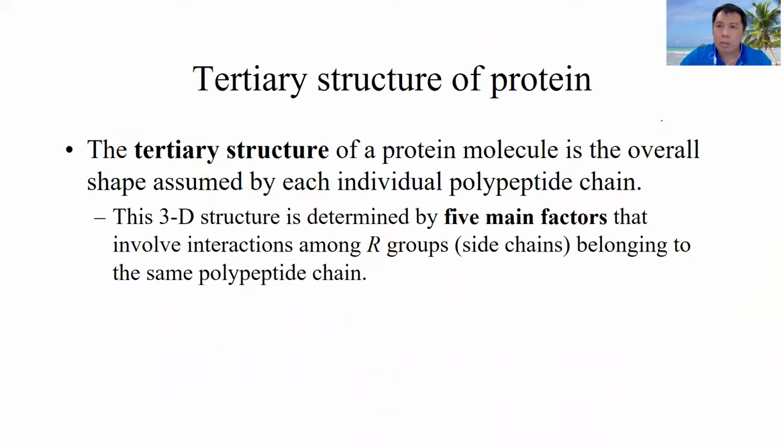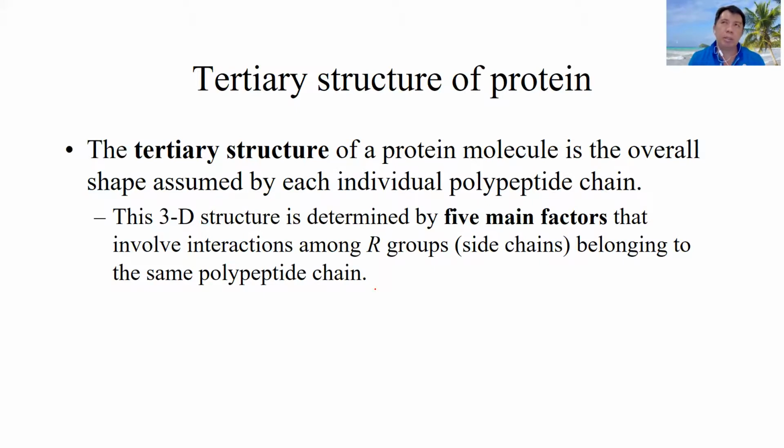Okay, once we finish the secondary structure, we will move to the tertiary structure of protein. The tertiary structure of protein is the overall shape assumed by each individual polypeptide chain. So only one polypeptide is involved here. This three-dimensional shape is determined by the interactions among R groups or the side chains belonging to the same polypeptide chain.